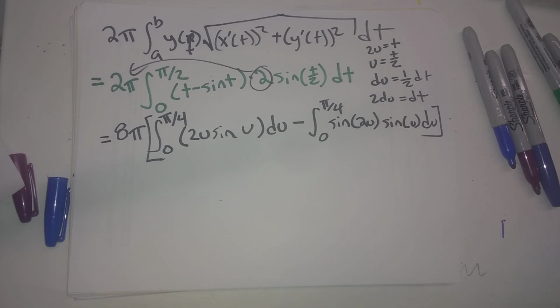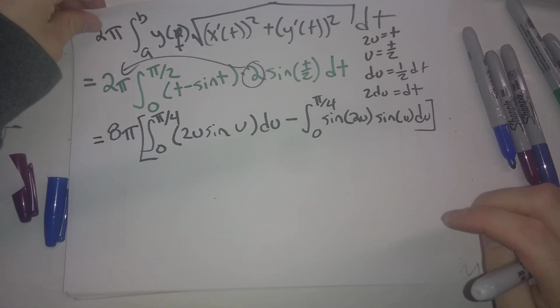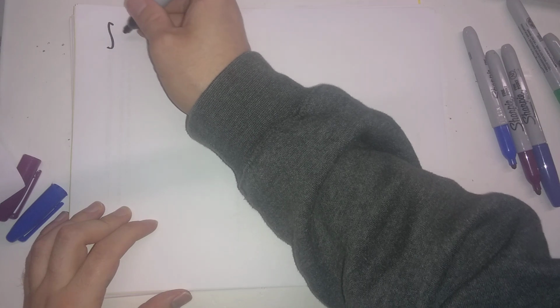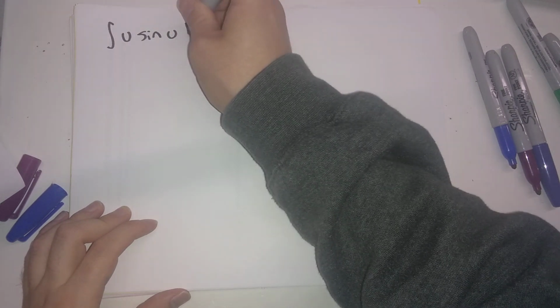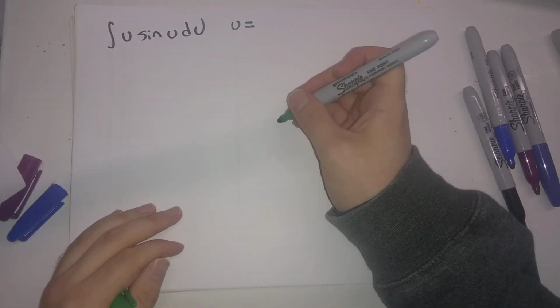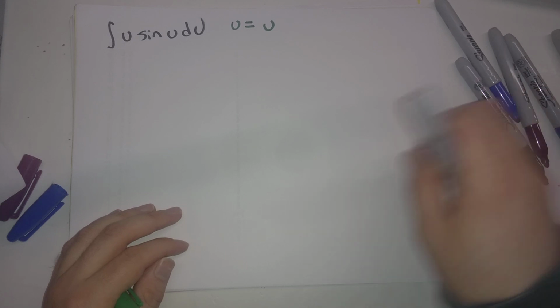Okay, so we have two antiderivatives to find here. Let me go to a new piece of paper to find those antiderivatives before coming back. So one is we want the antiderivative of u sine u du. This is an integration by parts problem. U is equal to, well, u. Forgive the abuse of notation here.